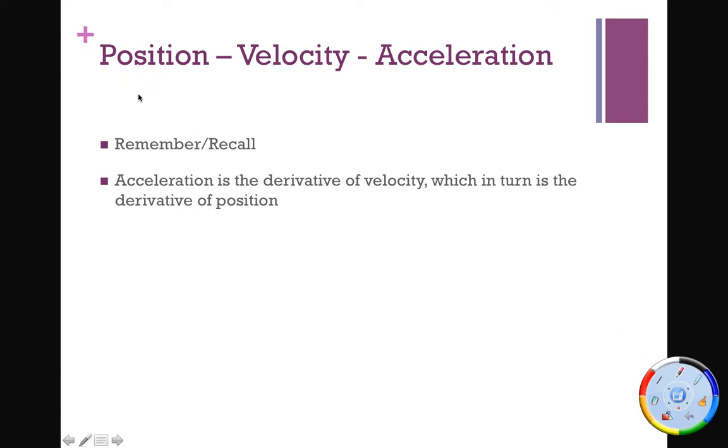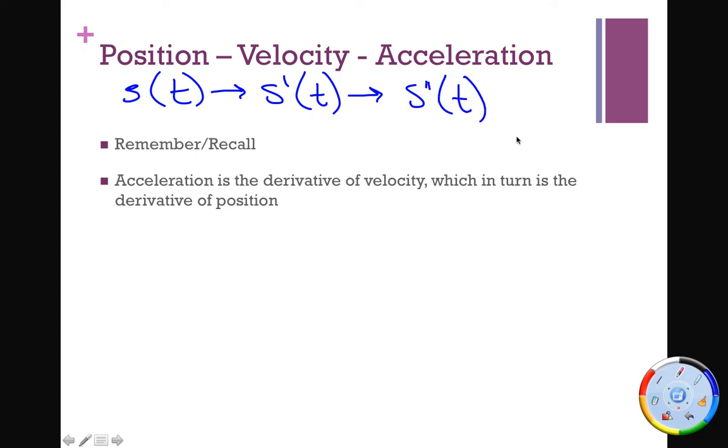So if I had an s of t function, position, remember we usually use the letter s, the velocity is the derivative of the position function, and acceleration would be the second derivative of position.